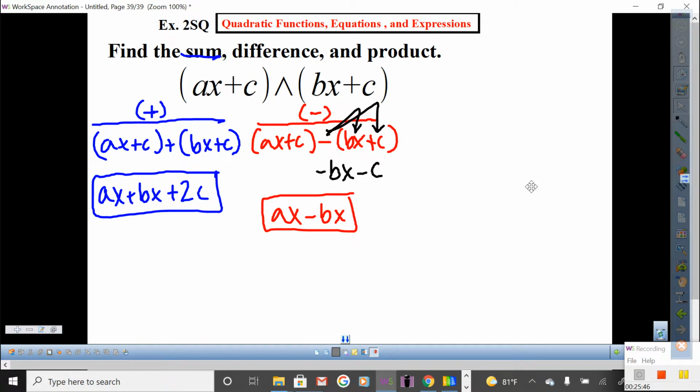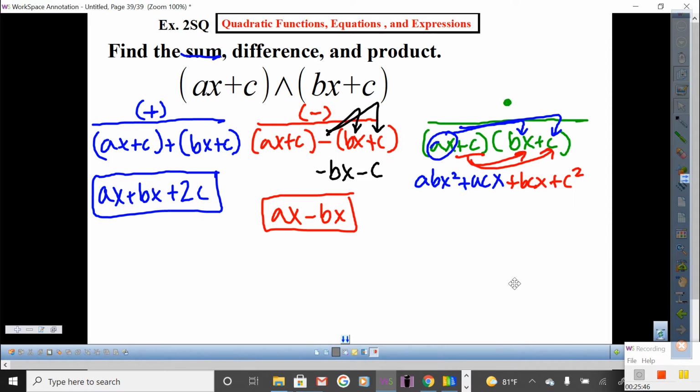What else? Plus bxc. Okay. Not in that order, but I got something similar. abx squared plus acx plus bcx plus c squared. If you got anything similar to that, you're good. If we were to write them in standard form, then we would need to move them around a little bit, but other than that, there it is. And if you got something like that, yeah, we got it, yeah?